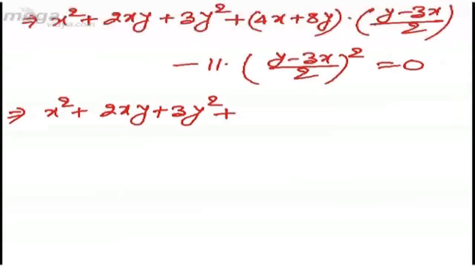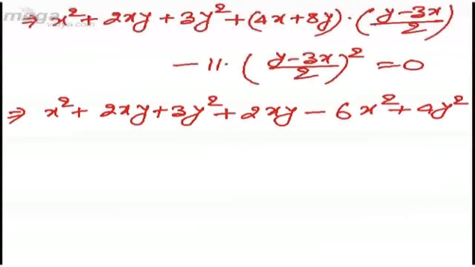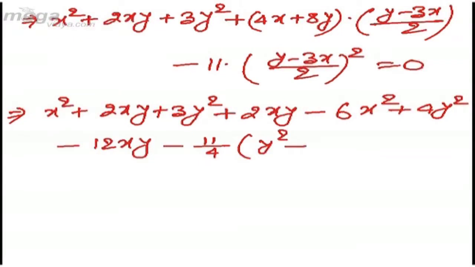So 2x into y becomes 2xy. 2x into minus 3x becomes minus 6x square. Then 4y with y plus 4y square, minus 4y with 3x, so it will be minus 12xy. Now here minus 11 by 4 into y square minus 6xy plus 9x square is equal to 0.